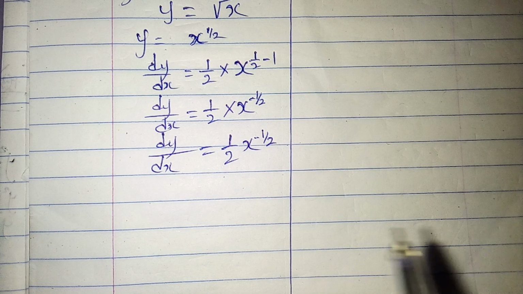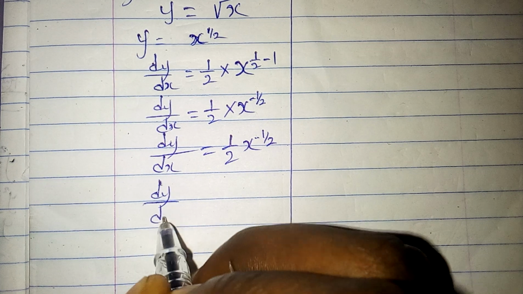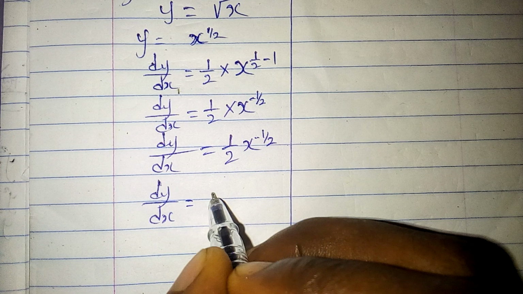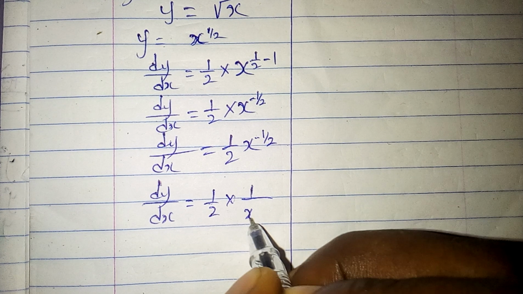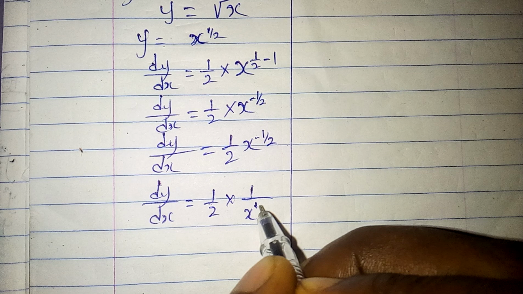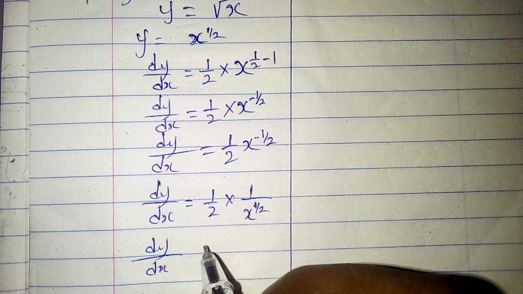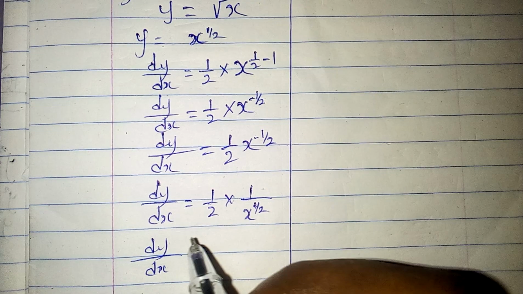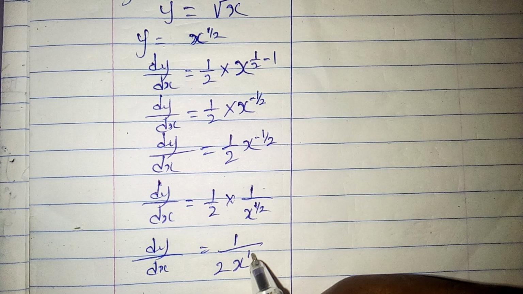This can further be simplified to dy over dx equals 1 over 2 times 1 over x raised to half.